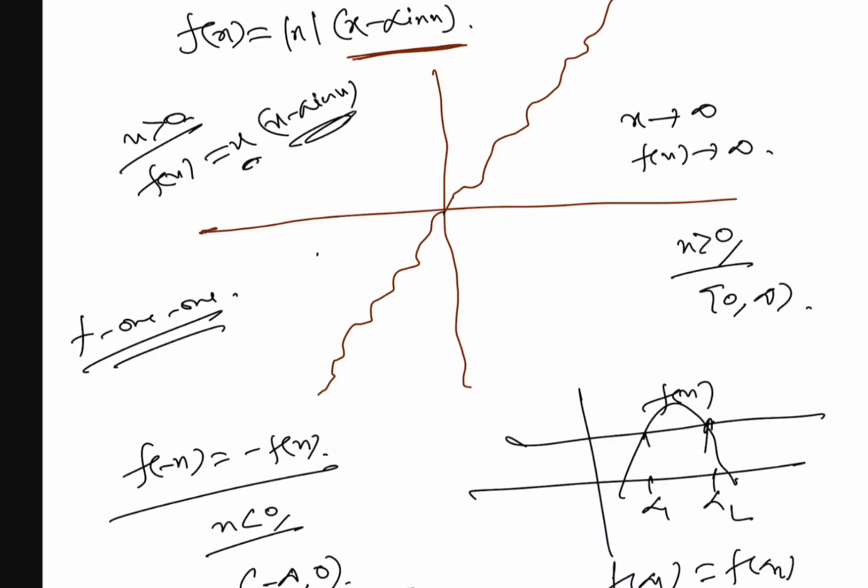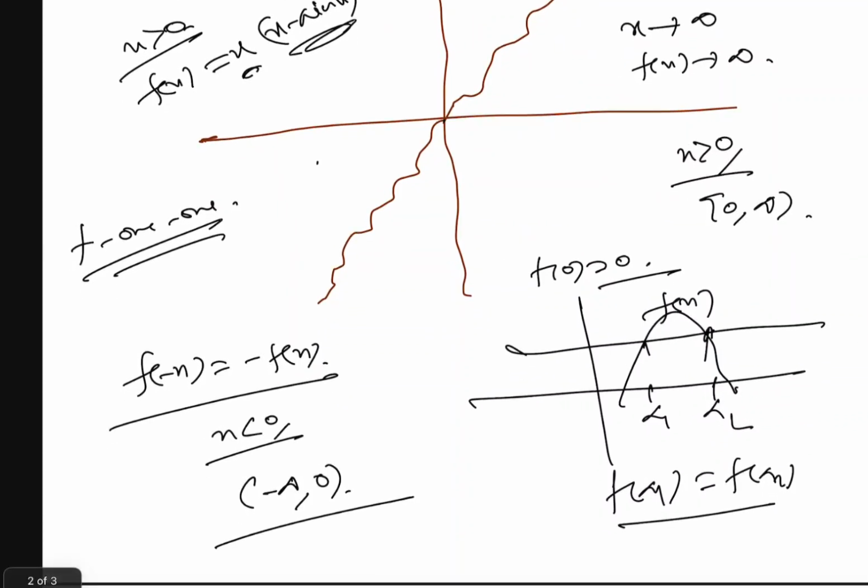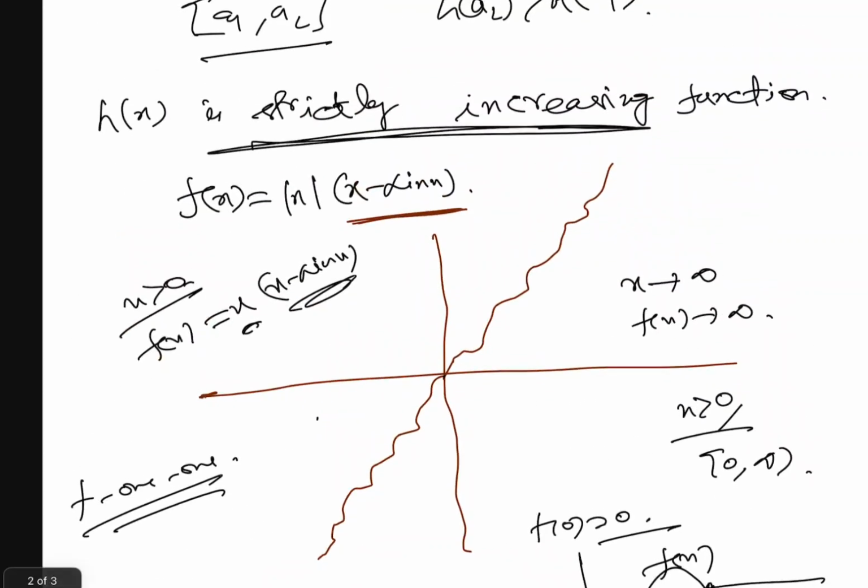Just using the property of the odd function, we can say that the range for this negative part is minus infinity to 0, and at x equal to 0, f of 0 is 0. Combining all these results and using the intermediate value theorem, the range of f x will be R, so f is onto also.